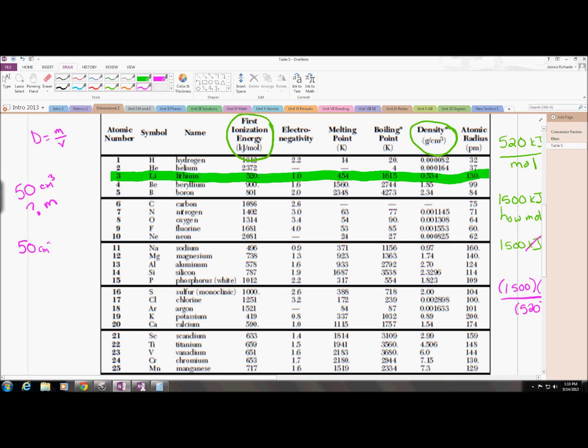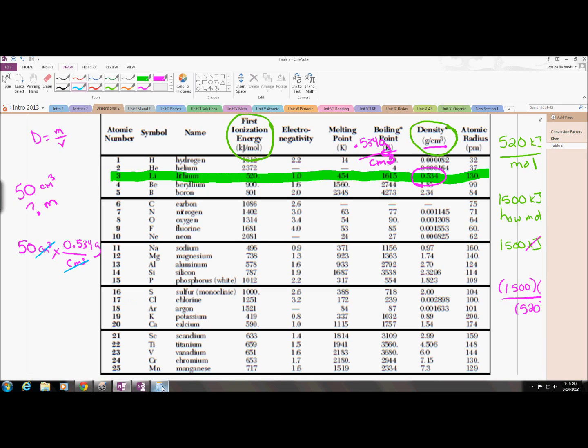I can also do this with the factor label method. So 50 cubic centimeters. My factor for density over here says that there are 0.534 grams per cubic centimeter, right? Grams per cubic centimeter. So the cubic centimeters are already at the bottom, so that's where I want them. So I'm going to put my 0.534 grams on the top and my cubic centimeter at the bottom. The cubic centimeters cancel.